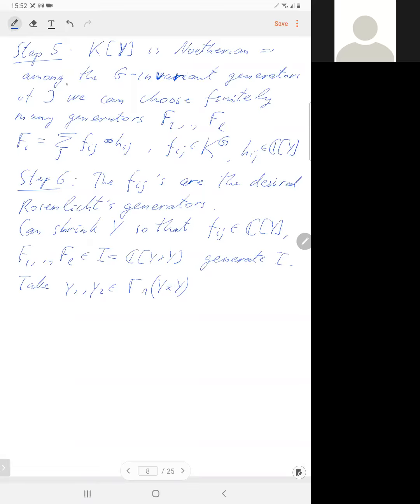Okay. The two points are in the graph if and only if all the functions vanish on this pair.